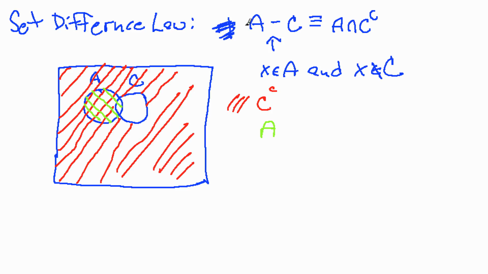Okay, so if I want to talk about everything that is in A that isn't in C, it's going to be everything over here, but it's not going to include this little piece of C. Okay? Likewise, if I come over here and I look at this over here, A intersection C complement, I think you can see that that's exactly the same area as well.